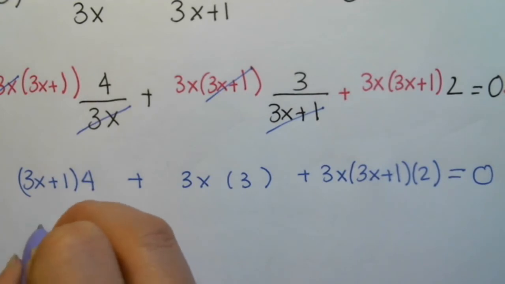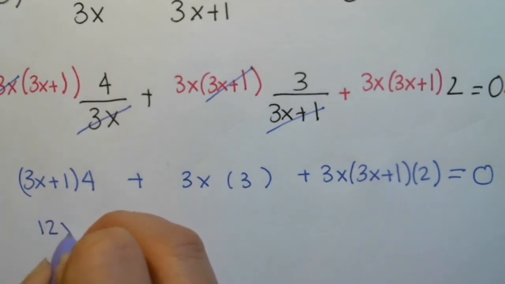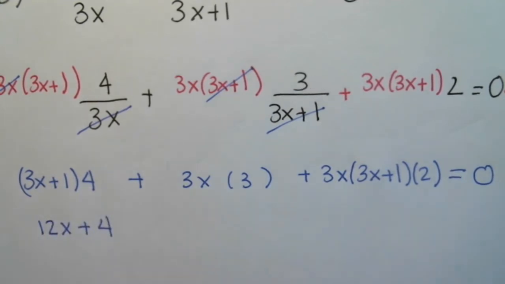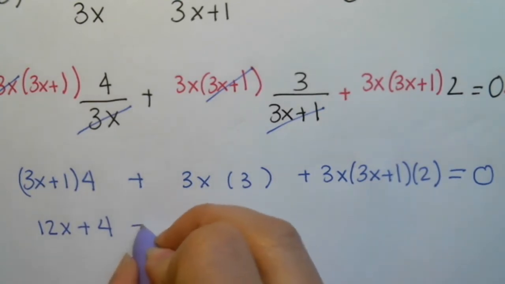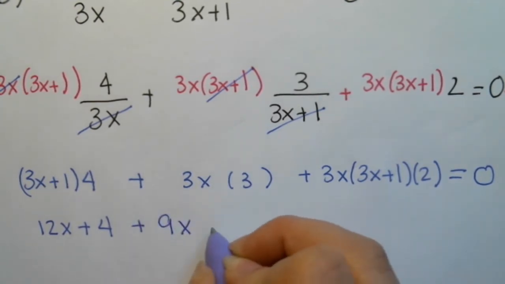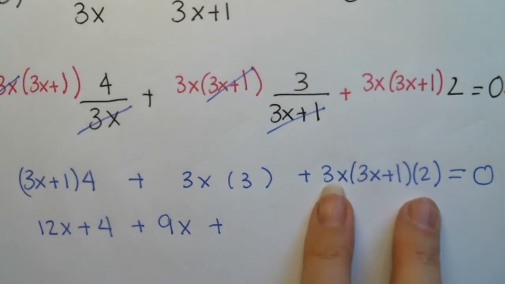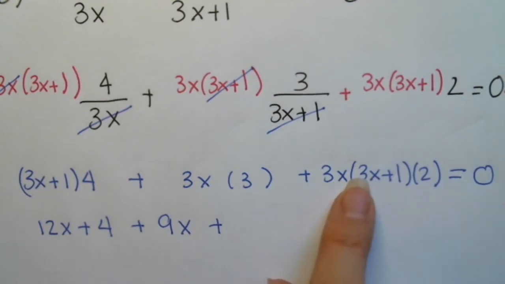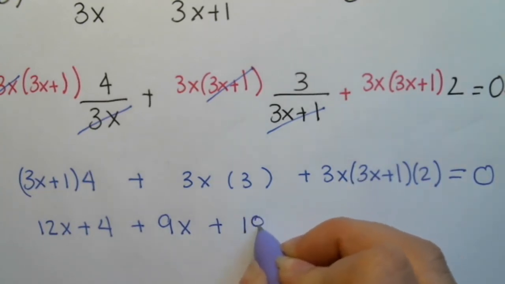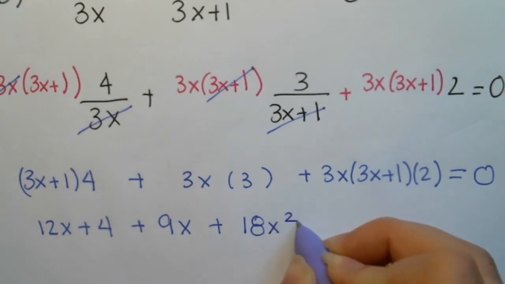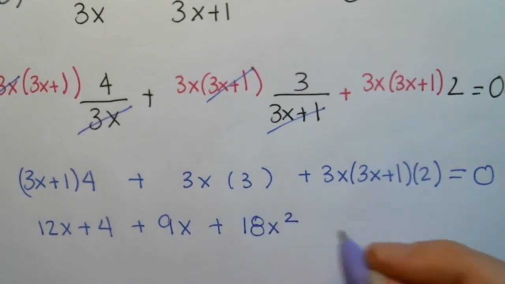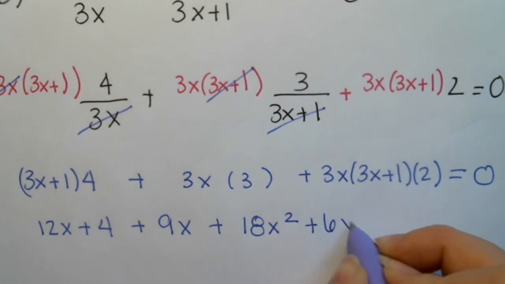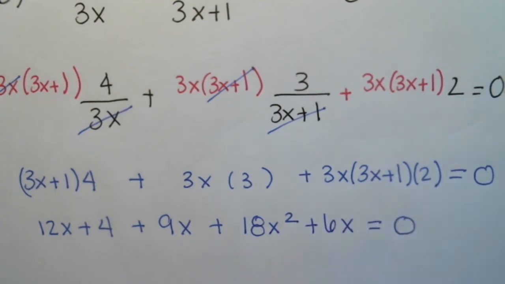3x times 4 is 12x plus 4, plus 9x, plus, now here I'm multiplying 6x times 3x, which is 18x squared, and then 6x times 1, which is 6x, equals 0.